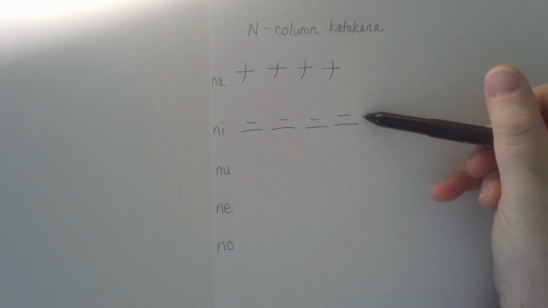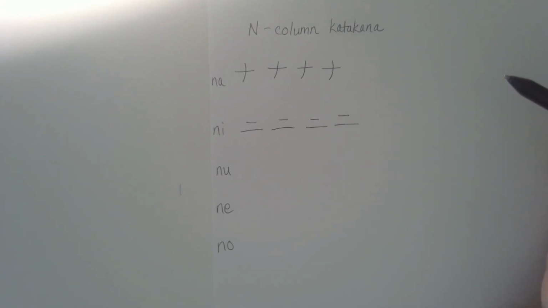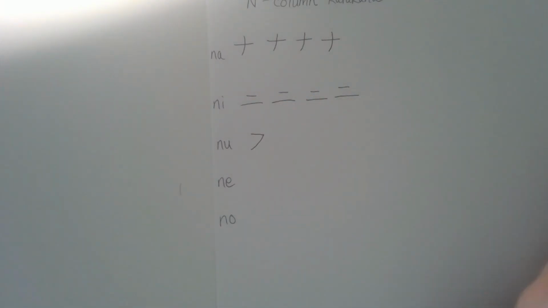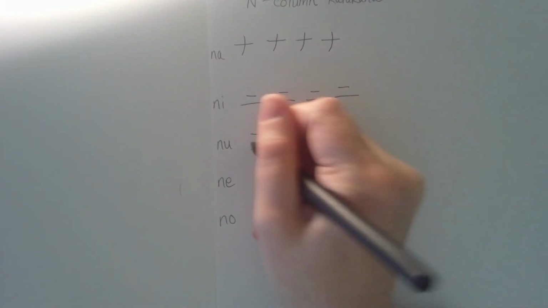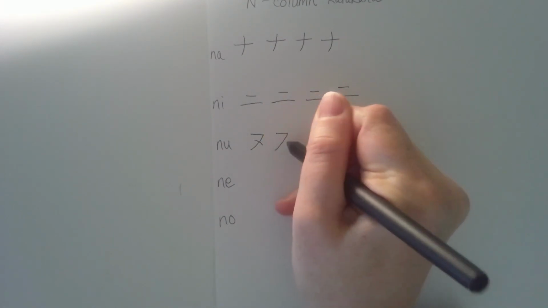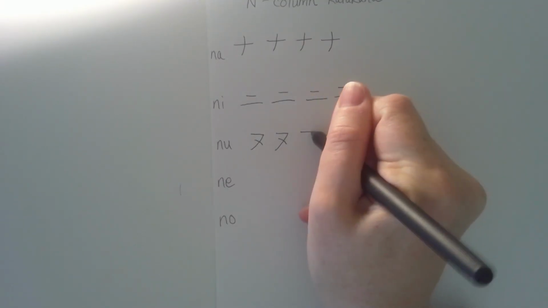This is also the kanji symbol for ni, or two in Japanese, but we'll talk about that later. For nu, like that, and a line through it. That's nu.